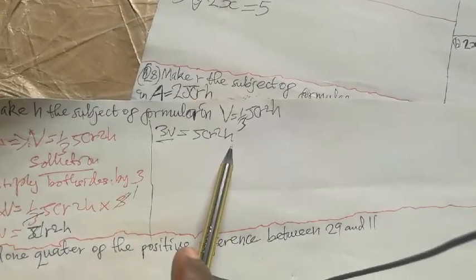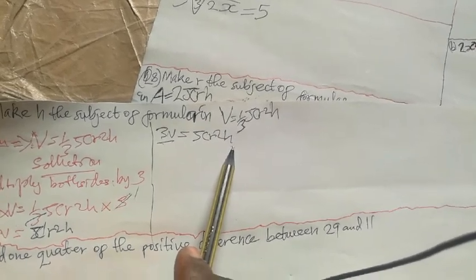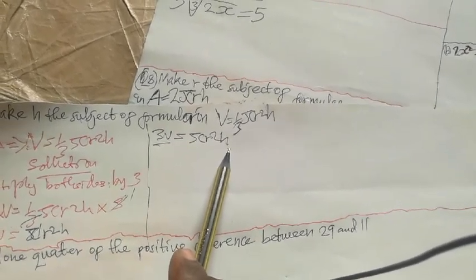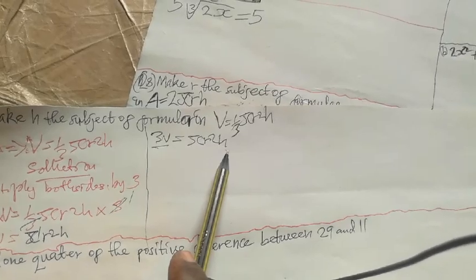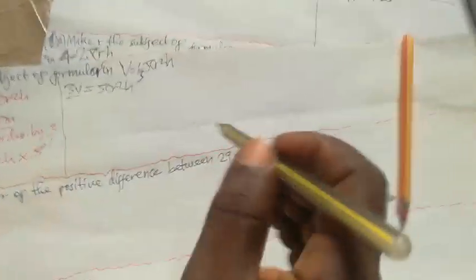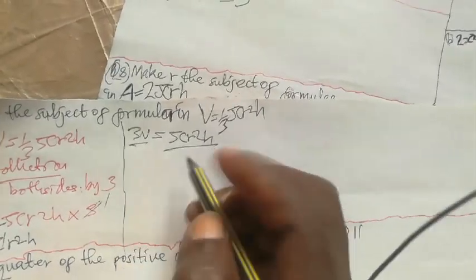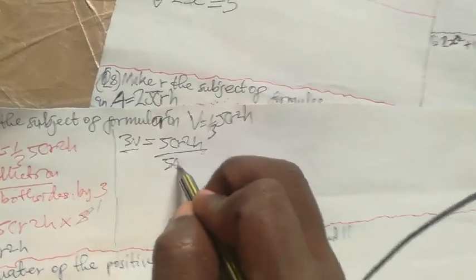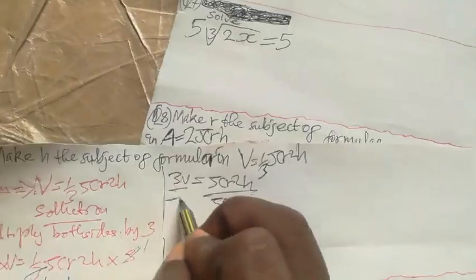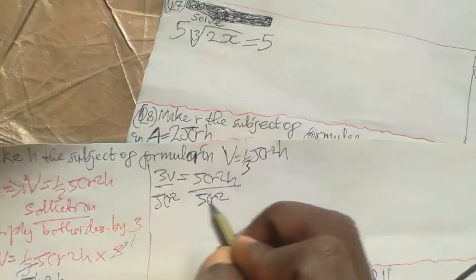Divide both sides by pi r squared so that the required subject remains on one side. Hence, we are going to divide both sides by pi r squared.